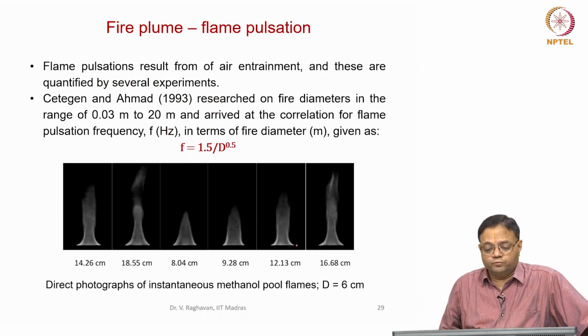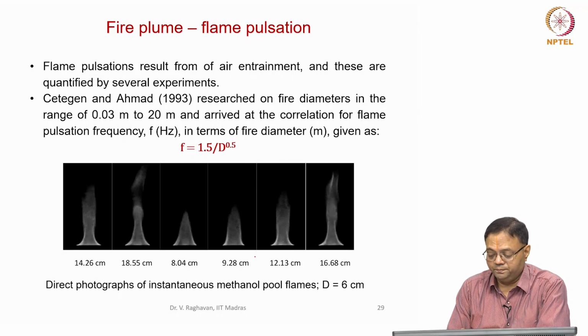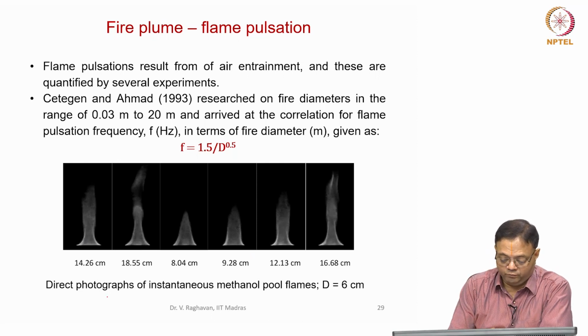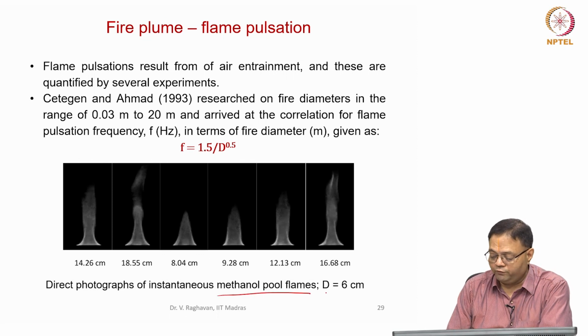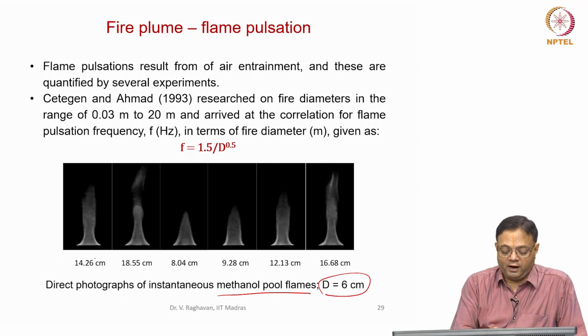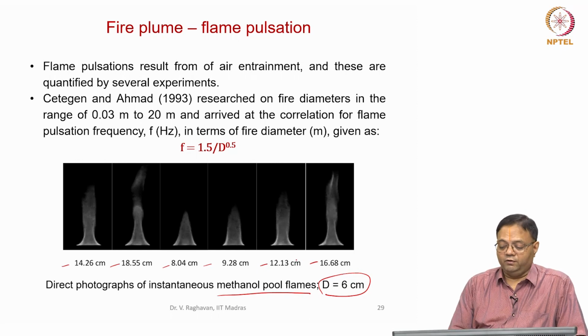Now, I have shown some experimental results of a flame. For example, it is a methanol pool of diameter 6 centimeters, and at different time instants I have shown the flame shape or a photograph, and the flame height visually observed is also put beneath this.